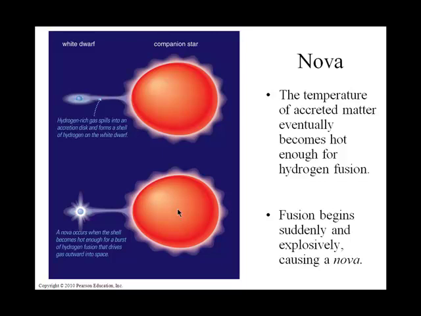Now, one of the cool things about nova events is that after it blows off, that's just the accretion disk, and what's neat is that the white dwarf itself remains intact. So as long as that companion star wants to dump some more on the white dwarf, it can do it again.